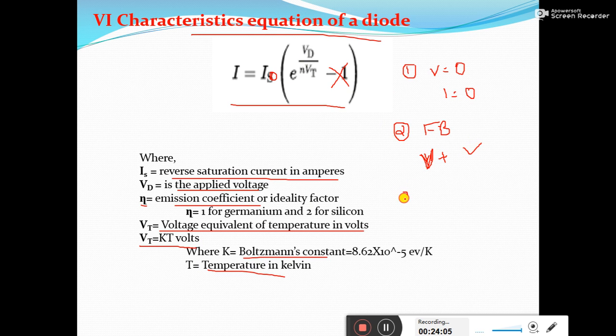In third condition, that is reverse bias. Reverse bias means here the applied voltage is treated as negative in nature.